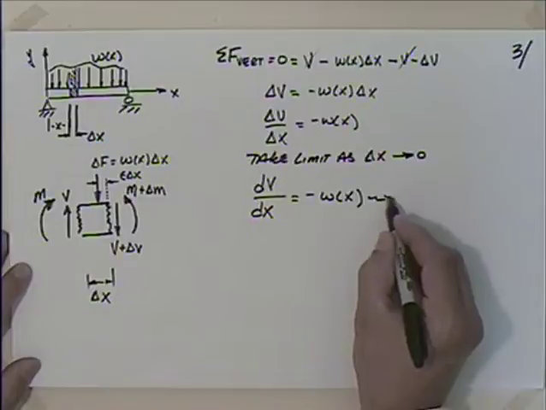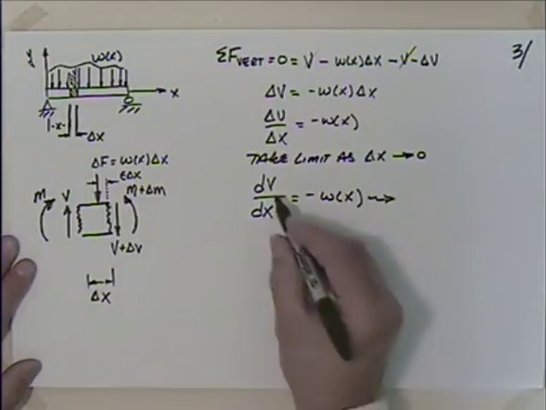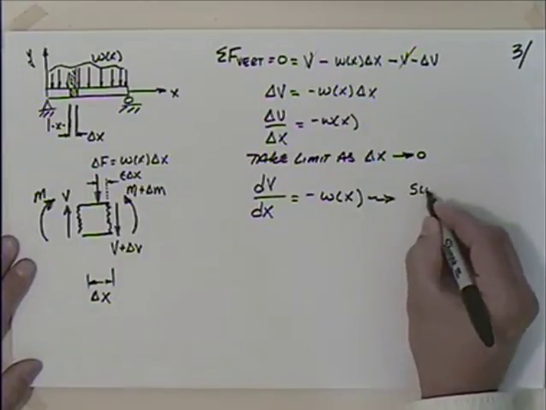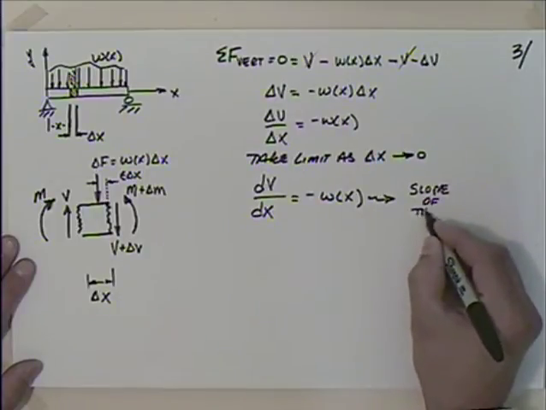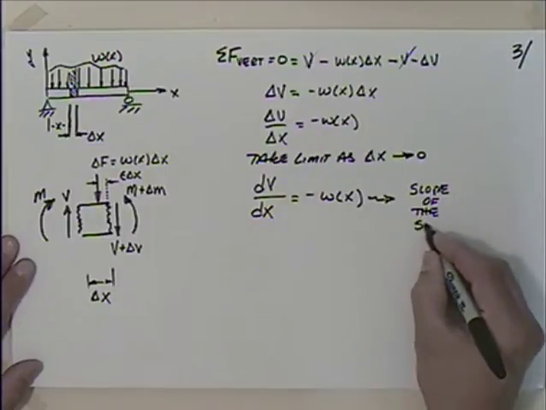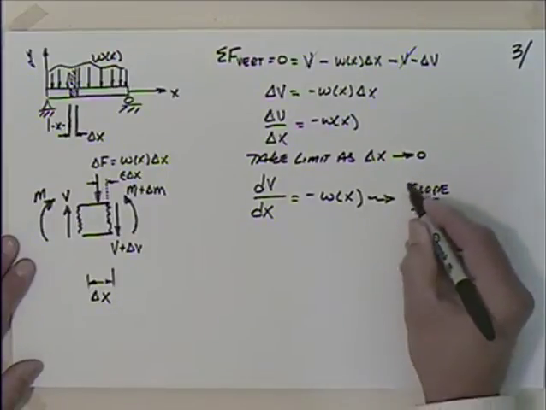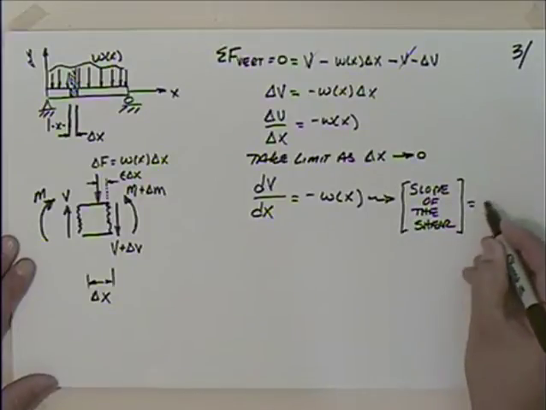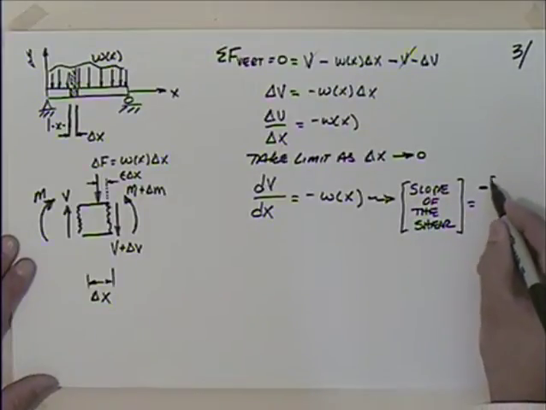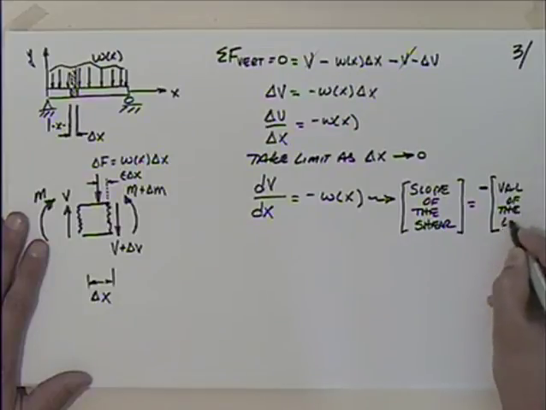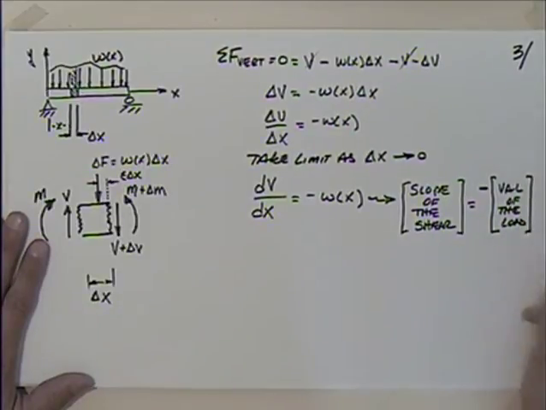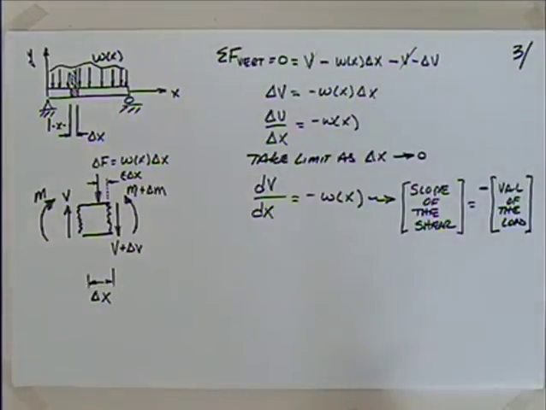What that's telling us is that the dV dx, that's the slope of the shear diagram. The slope of the shear diagram is equal to negative the value of the load. Okay, so that could be useful.